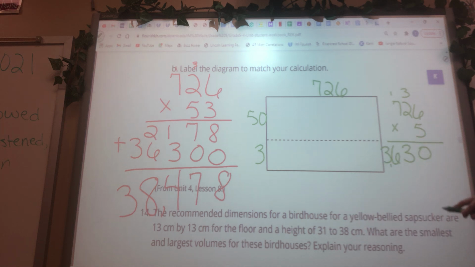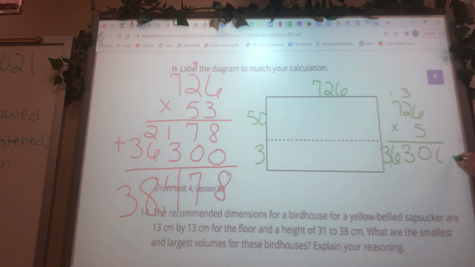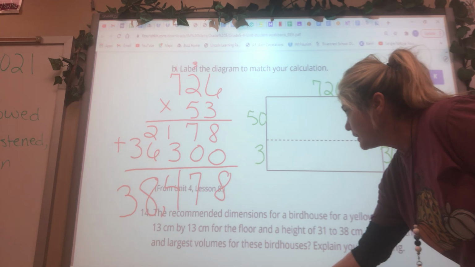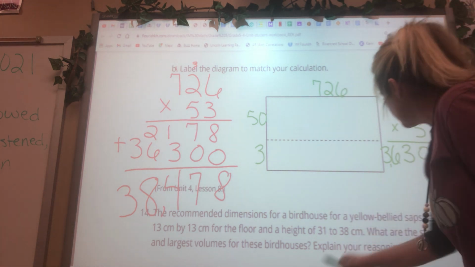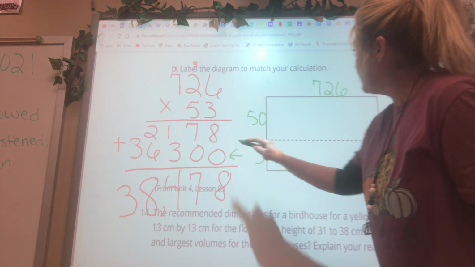So how many multiples of 10 was I dealing with? Just the 1, so we add 1 here. And do we see 36,300 anywhere over here? Yeah, well that matches up right there, doesn't it?